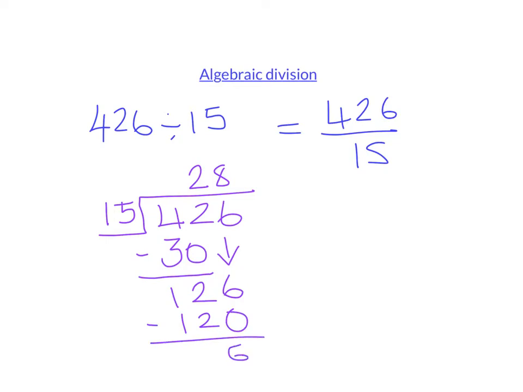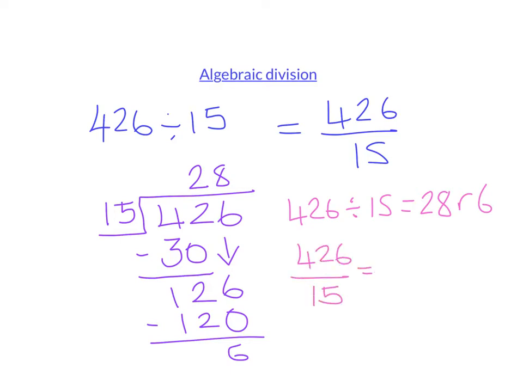So what we've worked out here is that 426 divided by 15 is 28, remainder 6, or that 426 over 15 is equal to 28 whole numbers and 6/15.